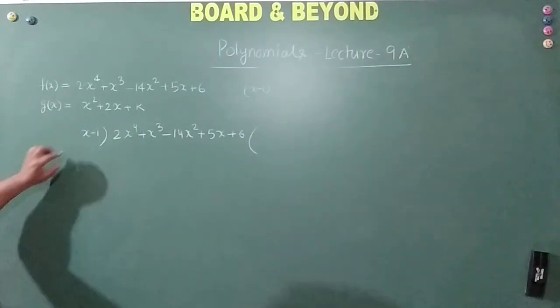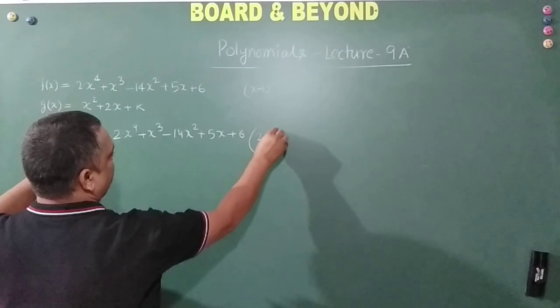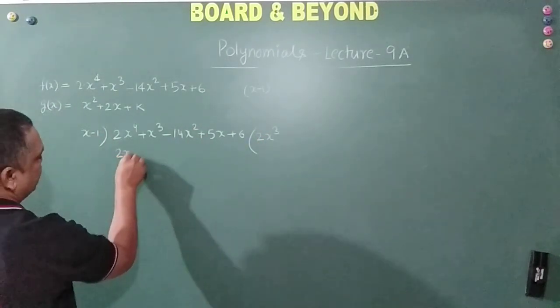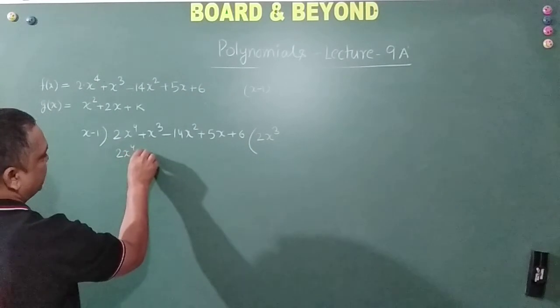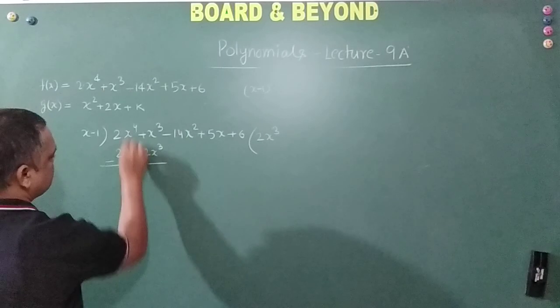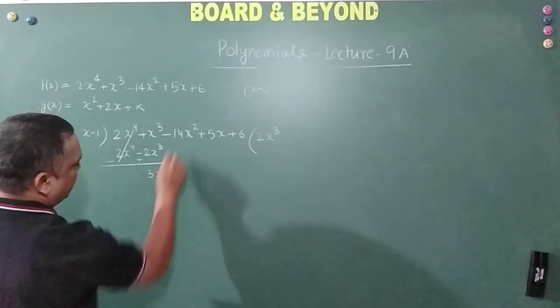We need 2x raised to power 4, so I multiply with 2x cube. This gives 2x power 4 minus 2x cube. Minus plus, this gets cancelled, and this is 3x cube. I bring this down.